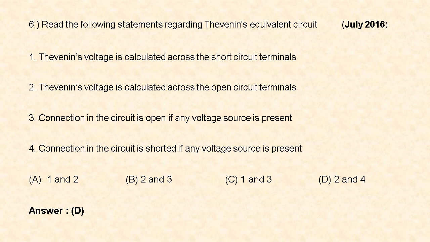So the options are A 1 and 2, B 2 and 3, C 1 and 3, D 2 and 4. We know that Thevenin's voltage is calculated across the open circuit terminals and the connection in the circuit is short circuited if any voltage source is present. So option D is correct.